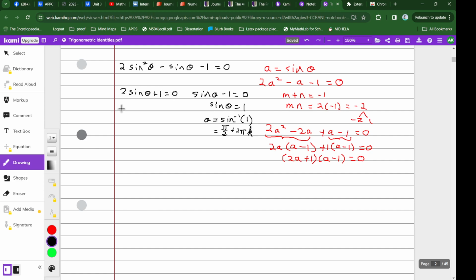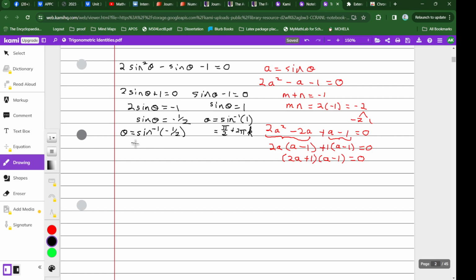Now over here, 2 sine theta plus 1 equals 0 tells me that 2 sine theta equals negative 1, which tells me that sine theta equals negative 1/2. So this means that theta equals the arc sine, or inverse sine, of negative 1/2.